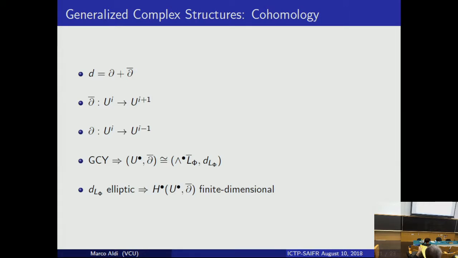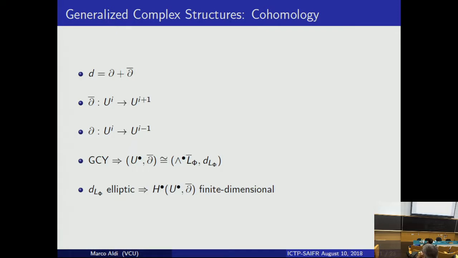And if the manifold is so-called generalized Calabi-Yau, then the del bar complex is quasi-isomorphic to the complex obtained from the full exterior algebra of the negative square root of -1 eigenbundle, where the action is given by this operator d_L phi that is constructed in the usual way.